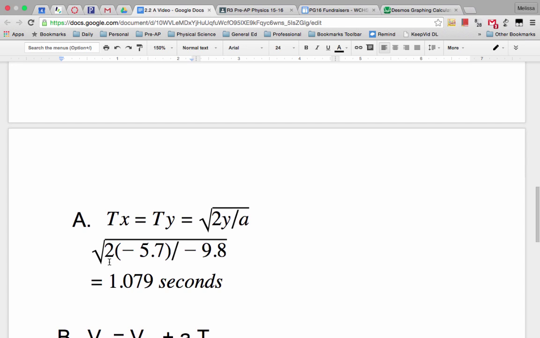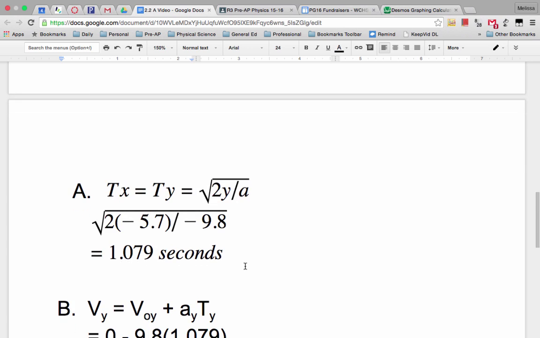So this is the square root of 2 times a negative 5.7 divided by a negative 9.8. Feel free to grab your calculator and make sure you can get this answer of 1.079 seconds. Notice that I am rounding to the third decimal place.